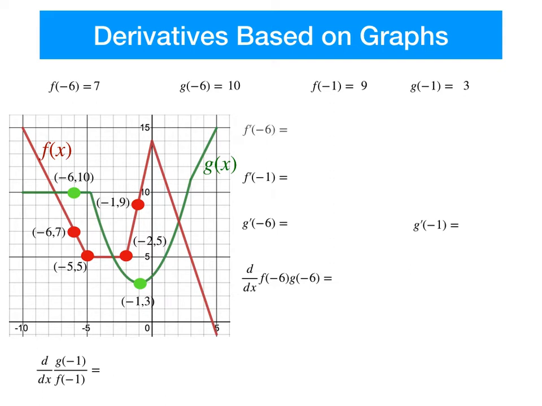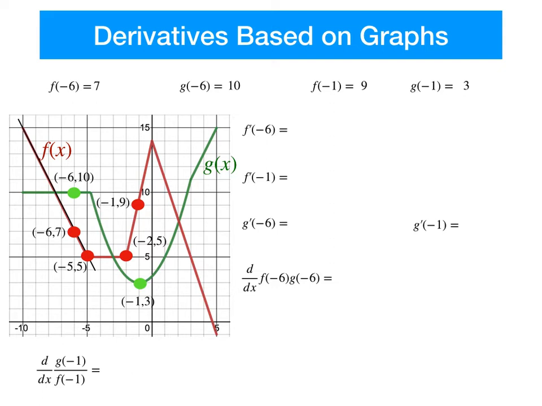So first, if we want to find the derivative of f at x equals negative 6, which is f prime of negative 6, then we're going to look at the point on f of x when x equals negative 6. Since this point is on a straight line, the derivative of f of x when x equals negative 6 is going to be the slope of this straight line, the black line.